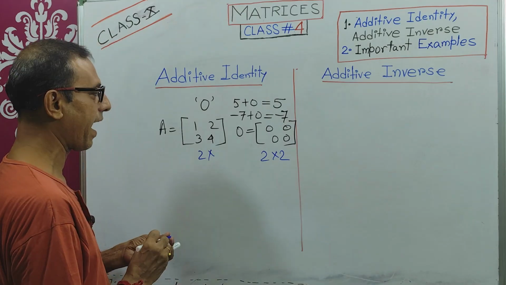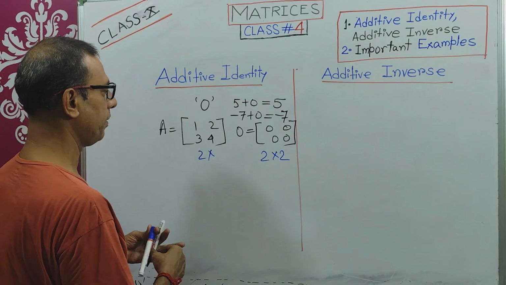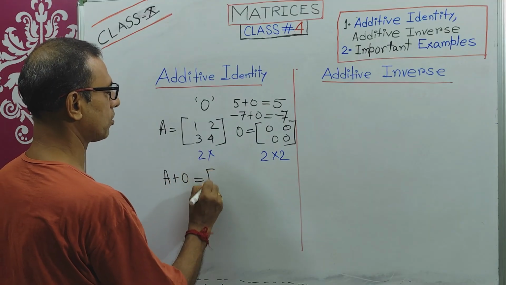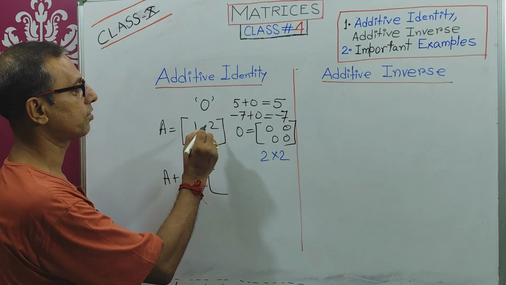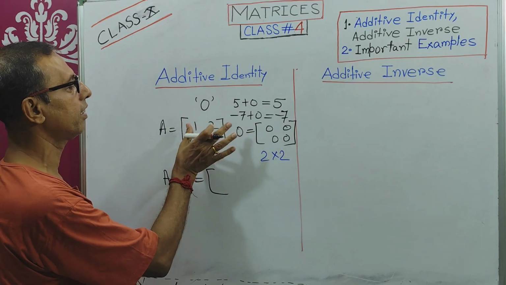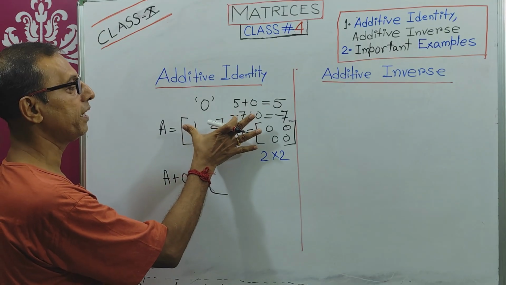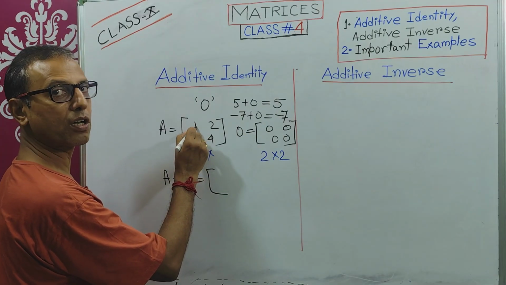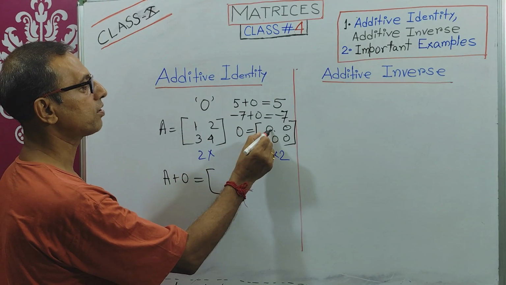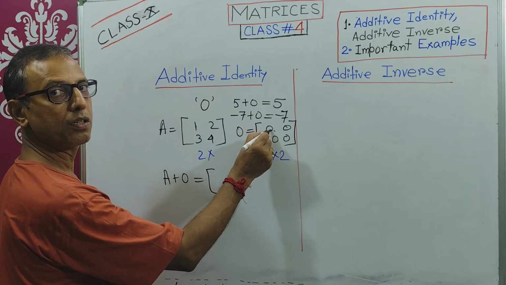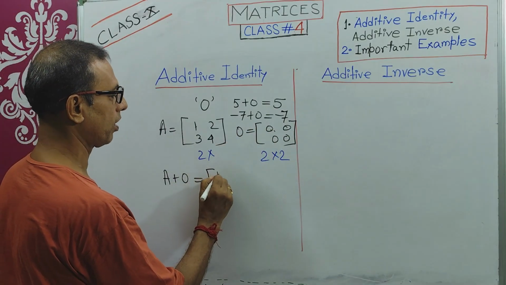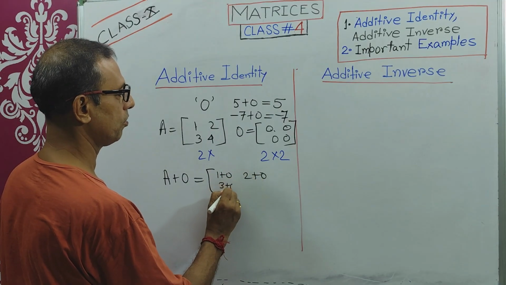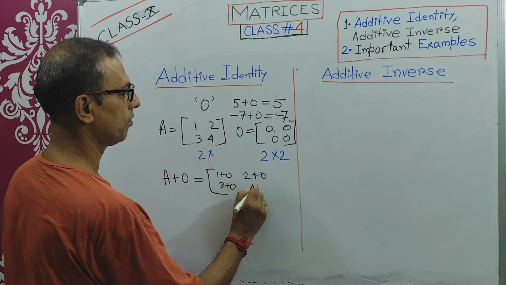Now if you add these two, what will be the output matrix? A plus O. In addition or subtraction, you just add or subtract the corresponding elements in both matrices. The first row, first column element is 1, and the first row, first column element of the null matrix is 0. So it is 1 plus 0, 2 plus 0, 3 plus 0, and 4 plus 0.